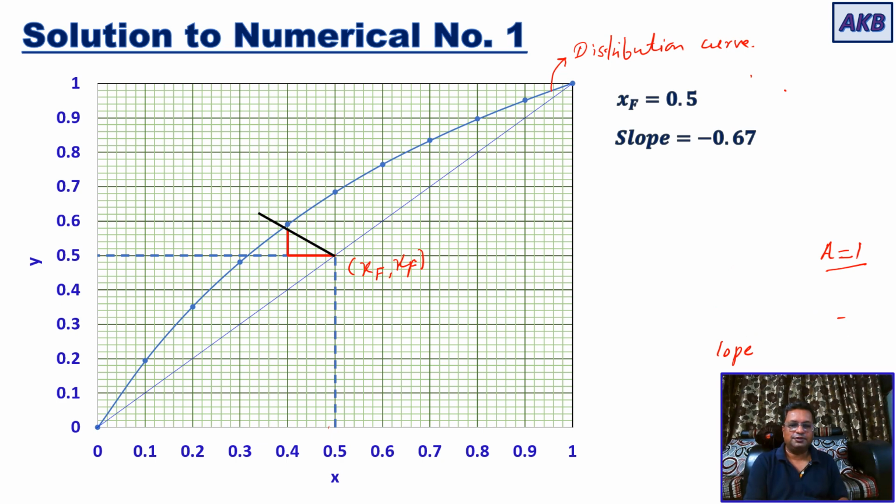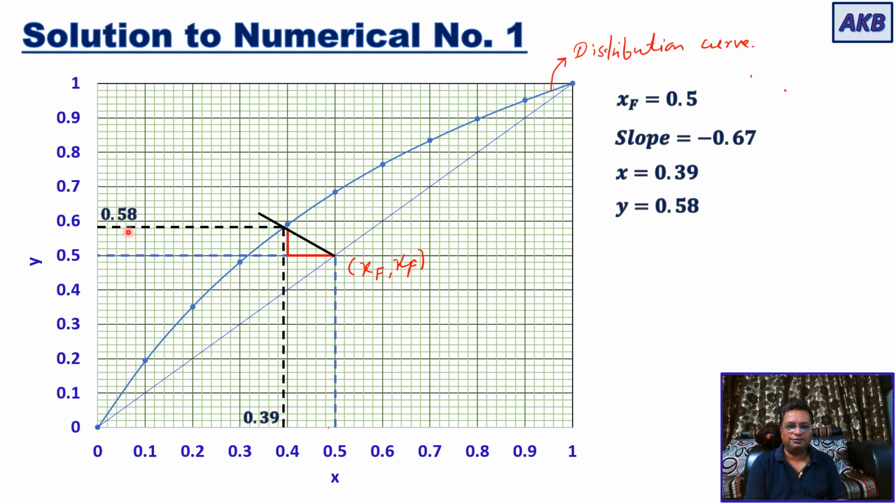Now our objective is to know the coordinates of this point. The x coordinate of this point, if you read it, is almost 0.39. So x will be 0.39, and the y coordinate is 0.58, and that is what we are supposed to report.